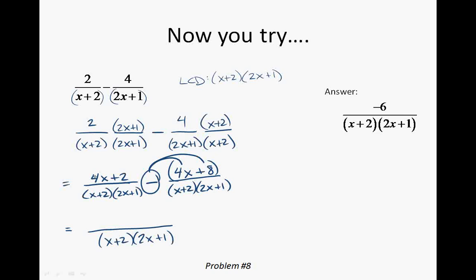So I'll start 4x minus 4x. Well, that's 0. So really, those two numbers cancel out. Then, positive 2 minus positive 8 is negative 6. And that's it. There are no like factors here that can cancel, so there's no further simplifying to do.